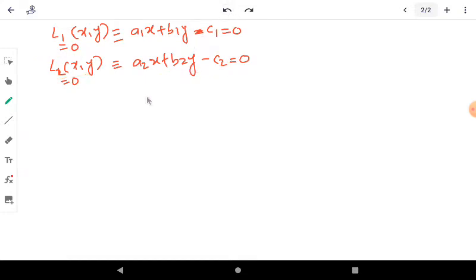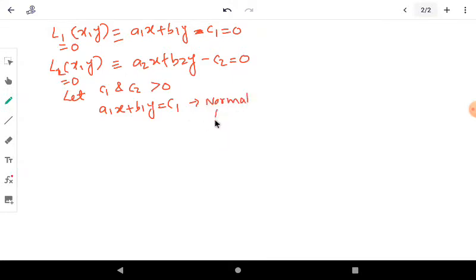Okay guys, so the first thing I am interested in is to make c1 and c2 positive; it can also be derived by making both c1 and c2 negative. Now we have a1x plus b1y equals c1, and my question is to convert it into normal form.